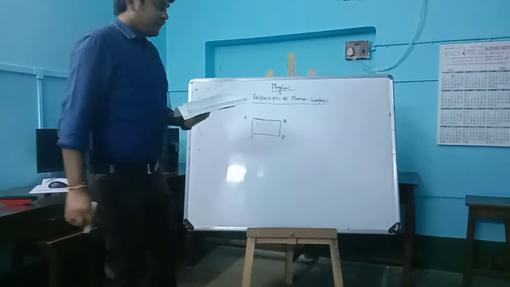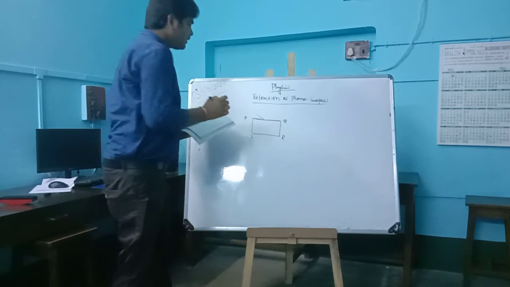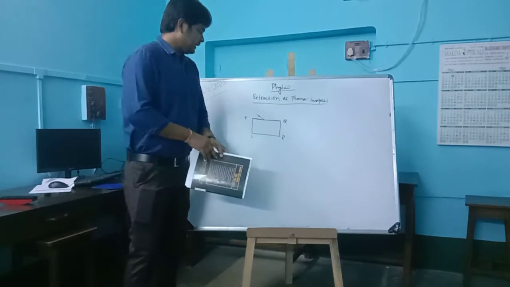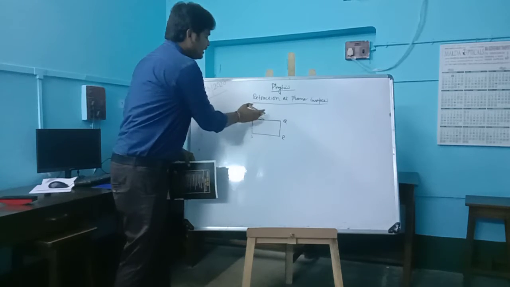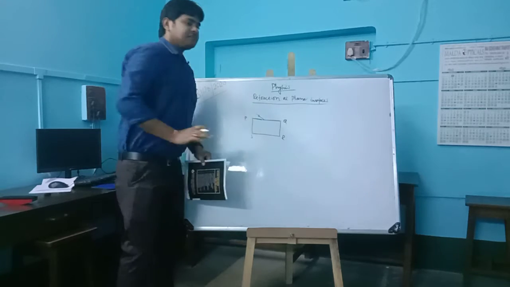Now a light ray is incident obliquely on the upper surface of that rectangular glass slab. Look here, this is the glass slab and this is the air medium, this is the glass medium.